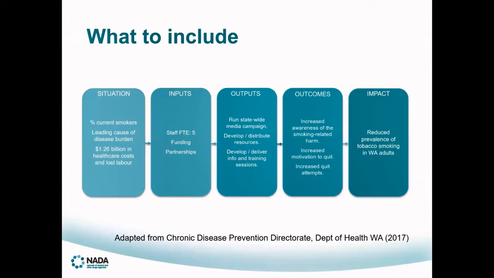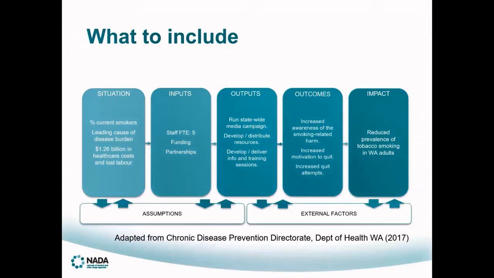So by running the state campaign and developing and distributing these resources, developing and delivering the information training sessions to various stakeholders, that is theorizing that that is going to lead to increased awareness of smoking related harm, which then in turn creates increased motivation to quit and increased quit attempts.